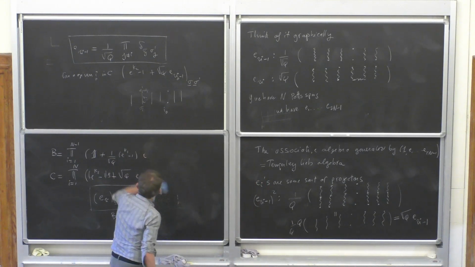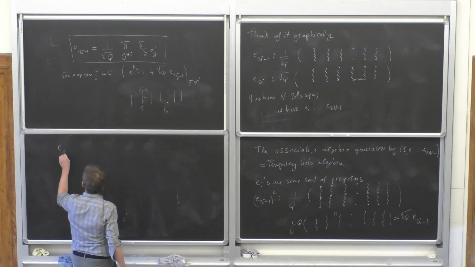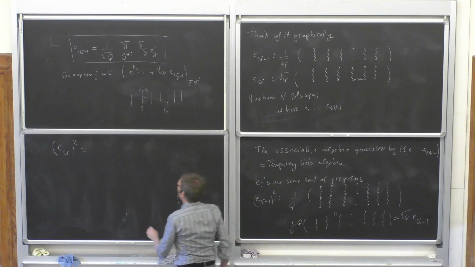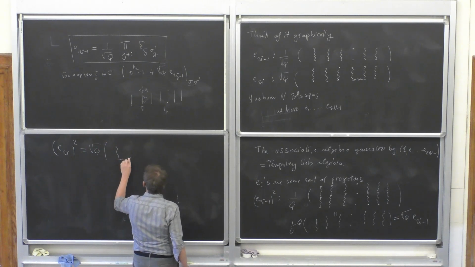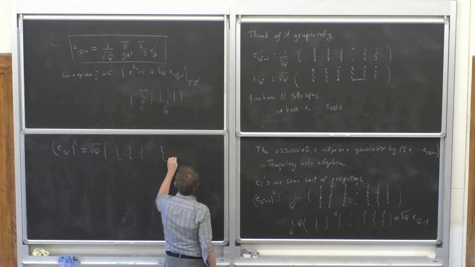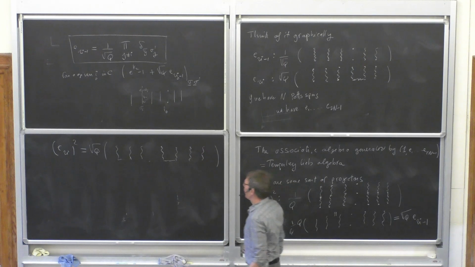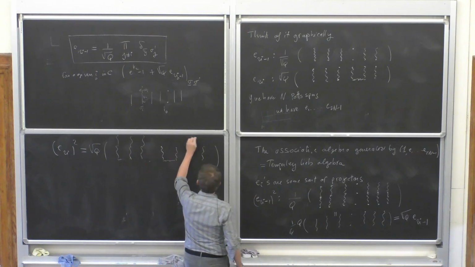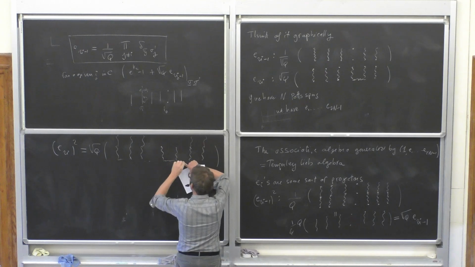And let's now look at E2I squared. Let's do the same silly game again. So we get this, and then this. That's for one action. And then we act twice, so we need to draw something like this. And then what happens if we act here, where this is equal to this, which is equal to this, which is equal to this.